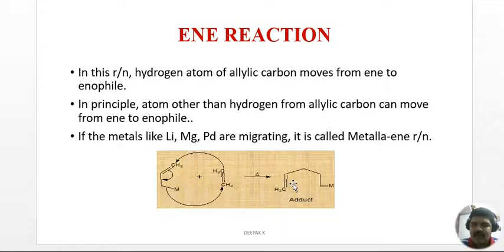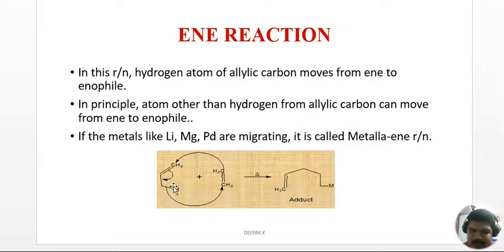Now you need not have an allylic hydrogen for this group transfer reaction, the Ene reaction. All you need is an allyl carbon which can have a metal attached to it or any other sigma bonded group attached to it. Okay, so that is the only criterion. You have an allylic carbon to which a sigma bonded group is attached, and in most cases it will be hydrogen, and in some cases it can be a metal.